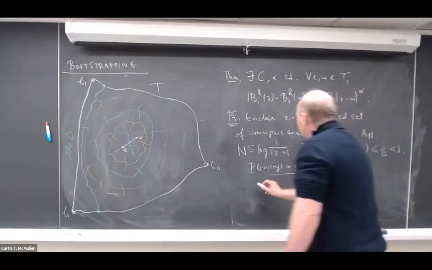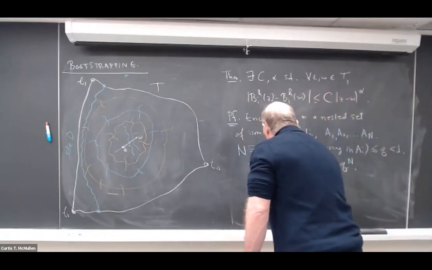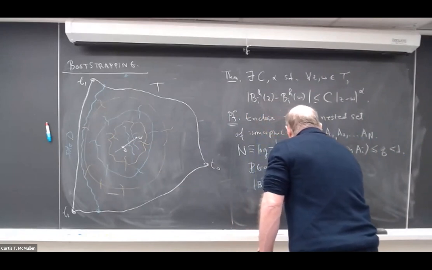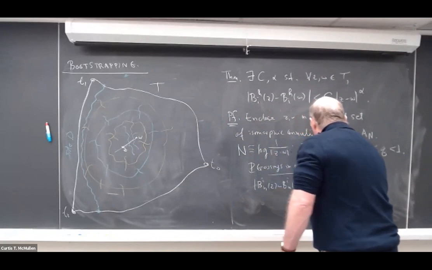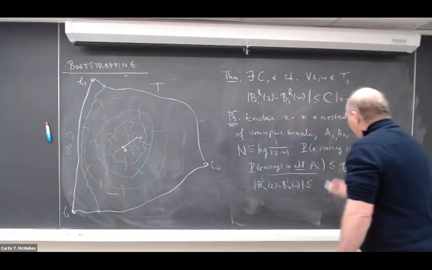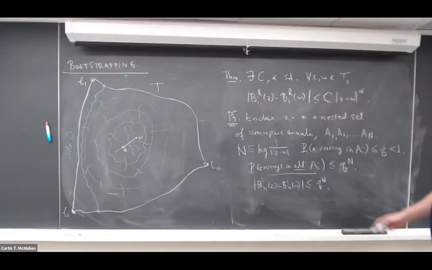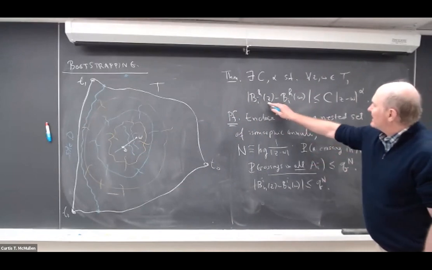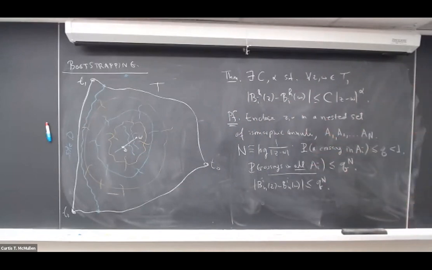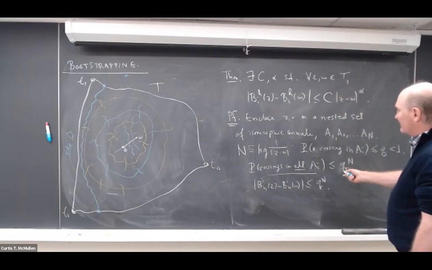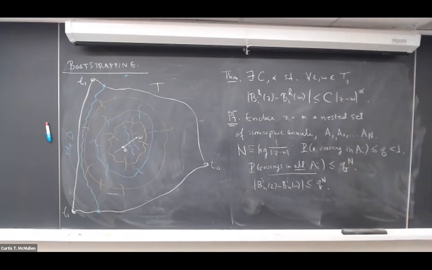So that means that the difference, BIH of Z minus BIH of W, is less than or equal to this probability, Q to the N, because these are the only cases where this number can change. So the event of being separated is the same for Z and W outside of the very rare event that they're not in an island.